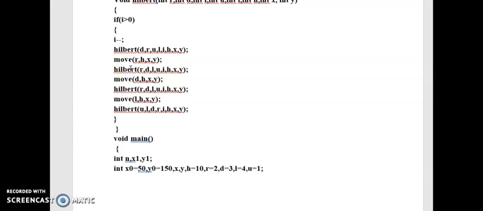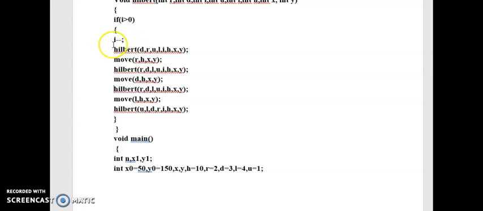Because before this coding part we studied the theoretical part: according to the first approximation, the curve is drawn by choosing the center of a particular square. In the first approximation, a square is divided into 4 subparts, the centers of those 4 subparts are chosen, and a line is drawn without overlapping.